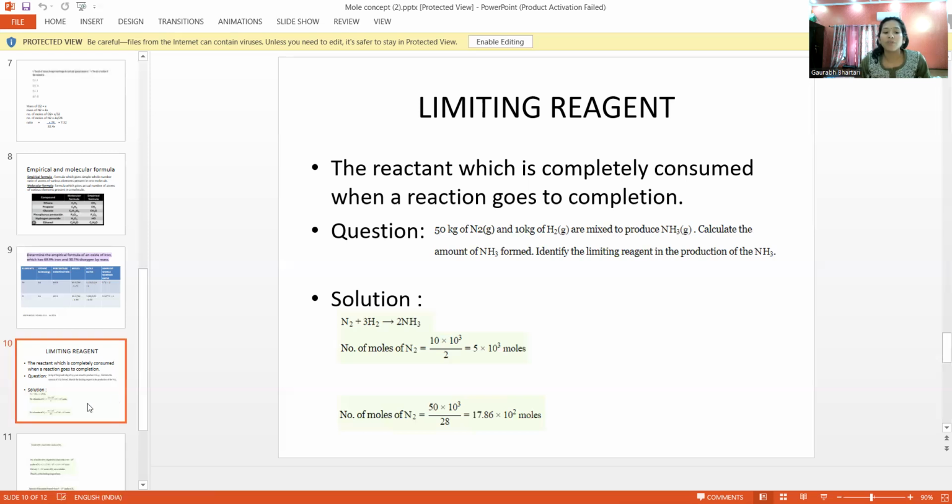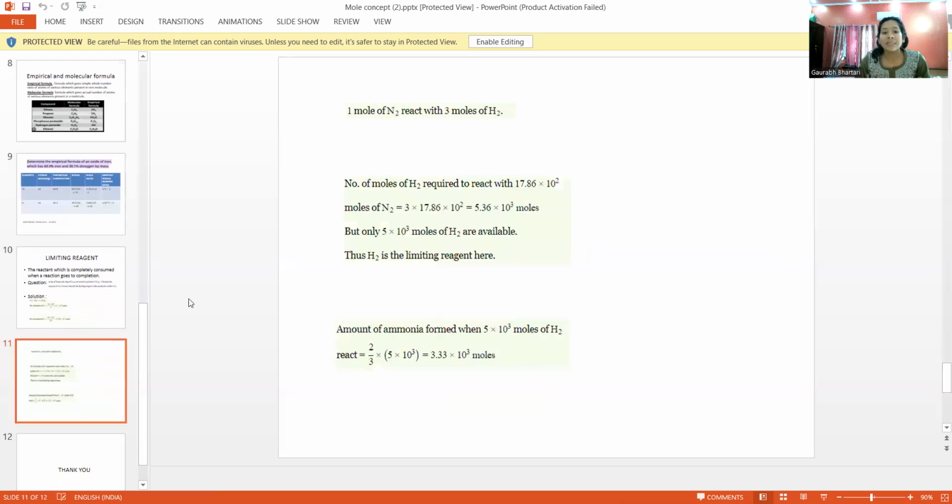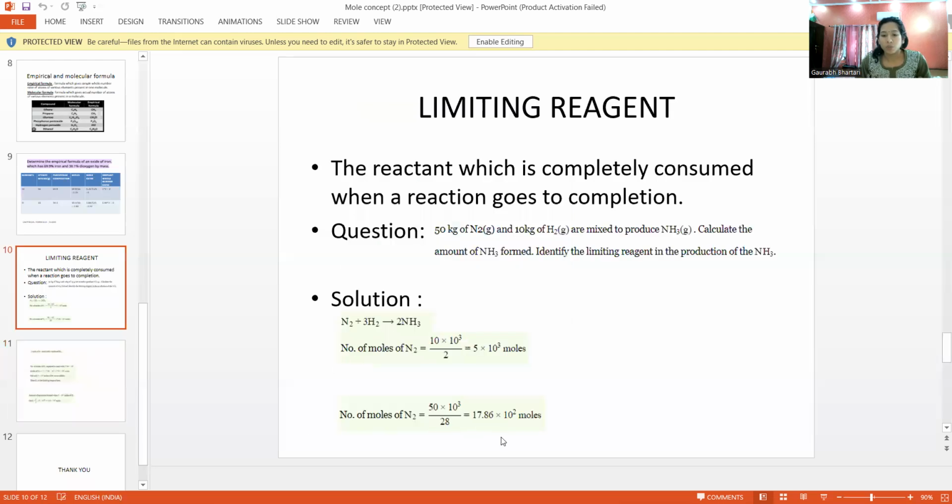It comes out to be 5 into 10 raised to the power 3 moles. Similarly, we will calculate the number of moles of nitrogen. We convert the 50 kg into grams and divide by 28, the molar mass of nitrogen, and the respective number of moles will come.